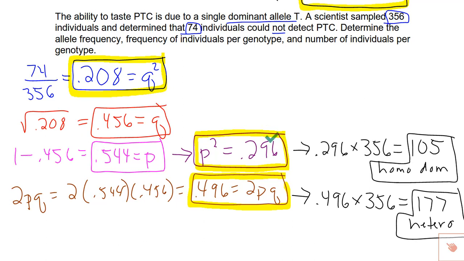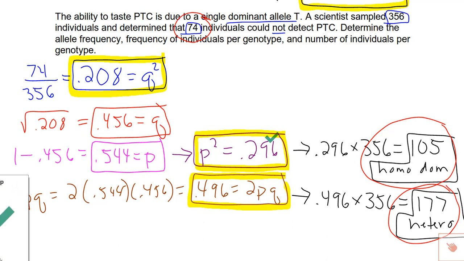We can also take our number of individuals for each genotype and make sure it adds up to the total number of individuals. So I know that there are 105 homozygous dominant, 177 heterozygous, and 74 homozygous recessive, when I add those together, I do get the total number of 356, so we are good there too.